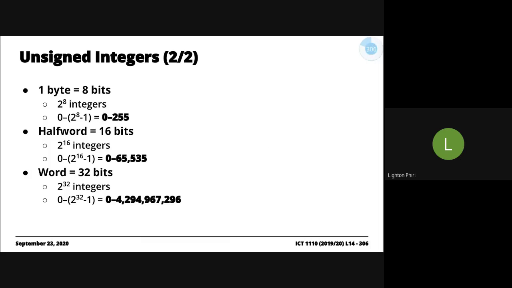Okay, so in terms of the representation of these numbers, obviously we have highlighted the fact that we can derive the equivalent byte associated with bits, right? So up to this point, we've been saying that 1 byte is the equivalent of 8 bits.